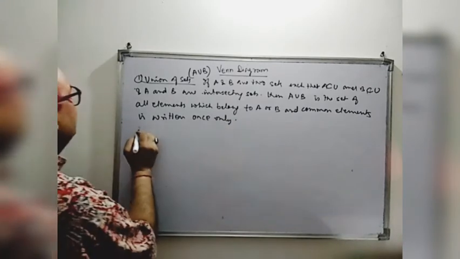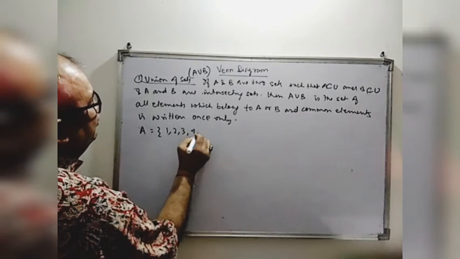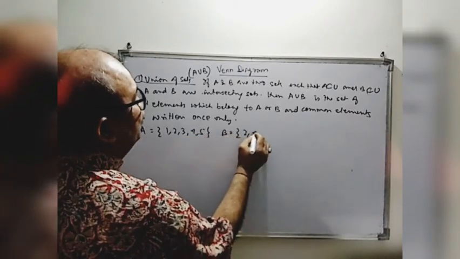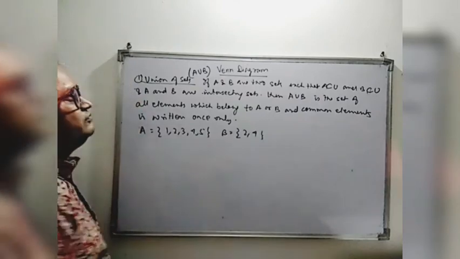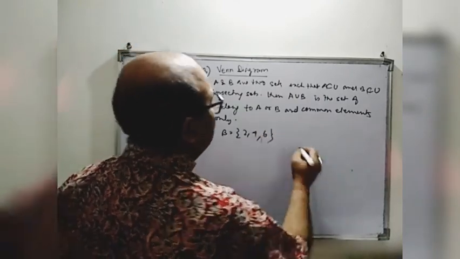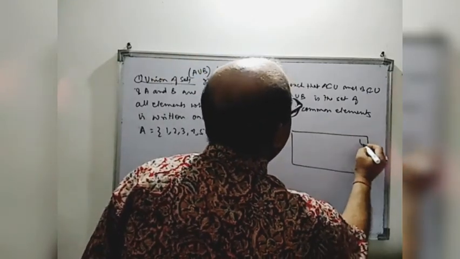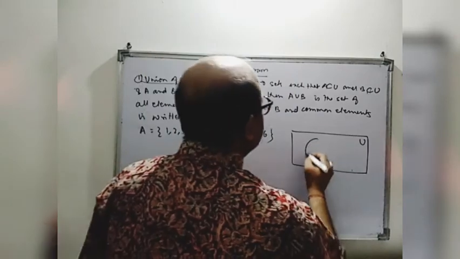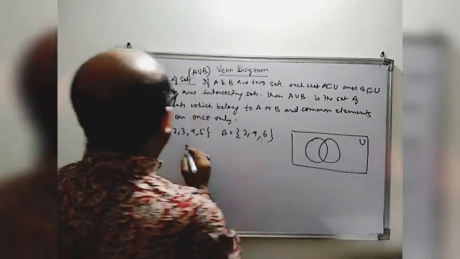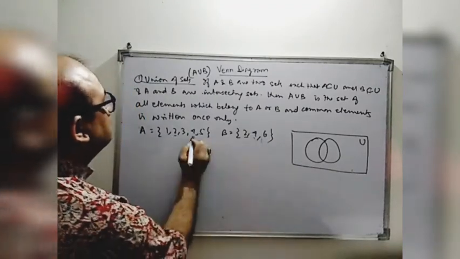How is it? Suppose A equals 1, 2, 3, 4, 5 and B equals even numbers 2, 4, 6. This is the universal set. This is set A, this is set B. Now see, what is common in both of them? 2 and 4.